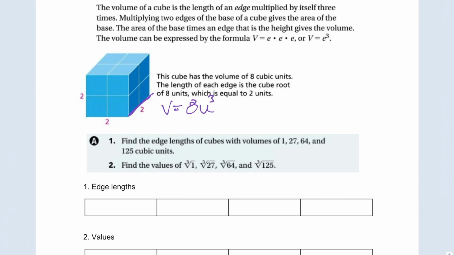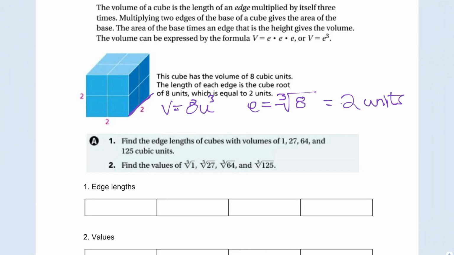And then the edge, I'll say E, is equal to the cube root of 8, which is therefore equal to 2 units. Hopefully my pencil charges quickly. All right.